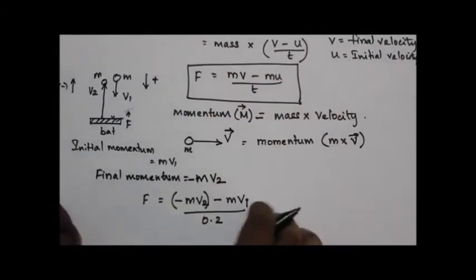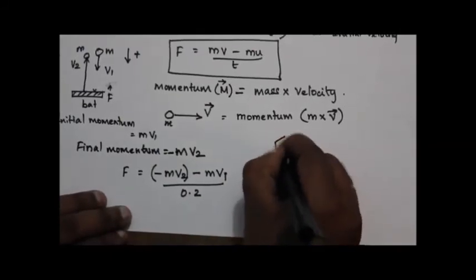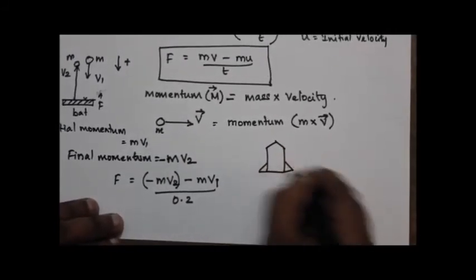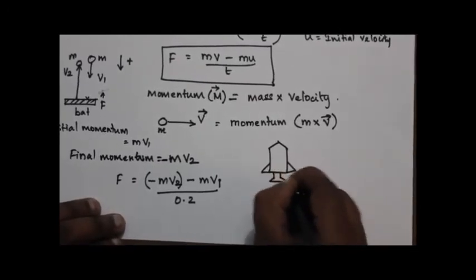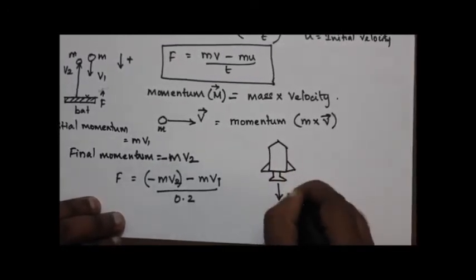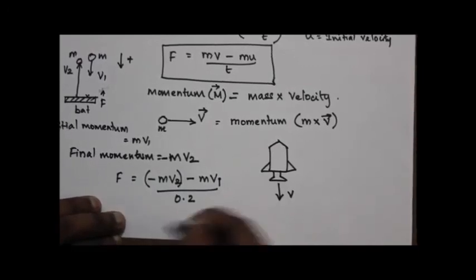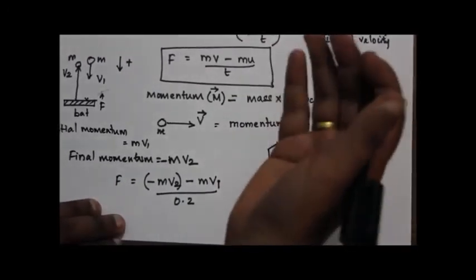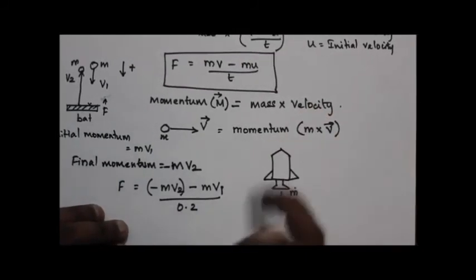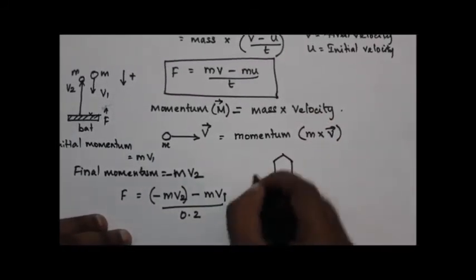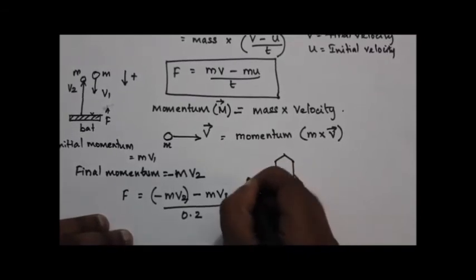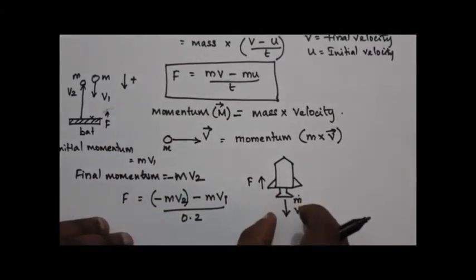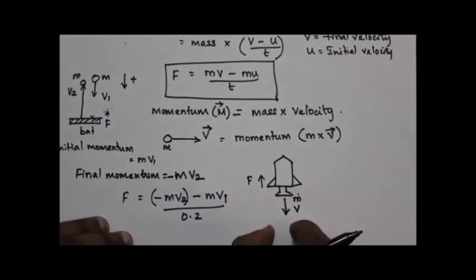Now the same equation is also used to find the force acting on a rocket when the exhaust gases come out at a tremendous velocity, and we know the mass flow rate of exhaust gas coming out from the rocket. So we can estimate the upward force acting due to this change in momentum of the gas.